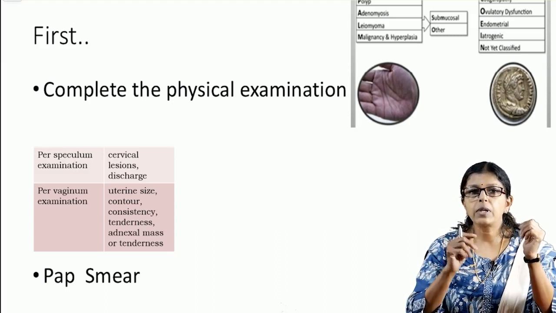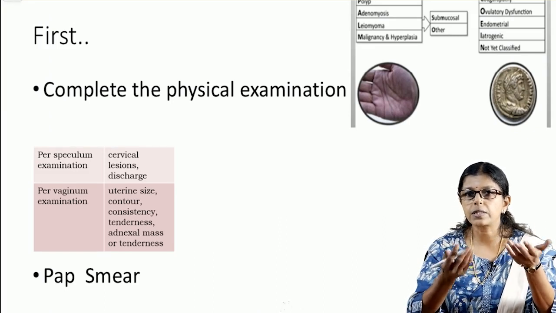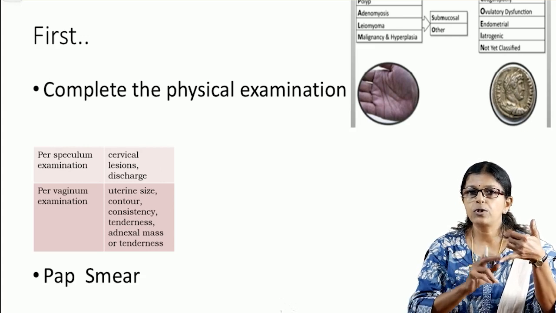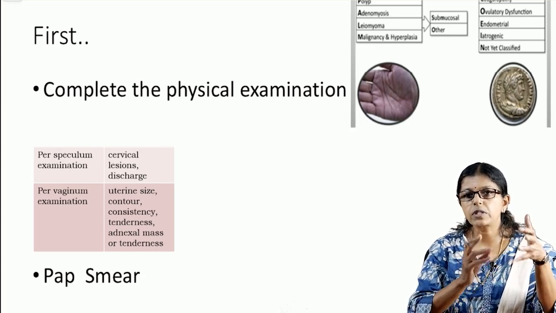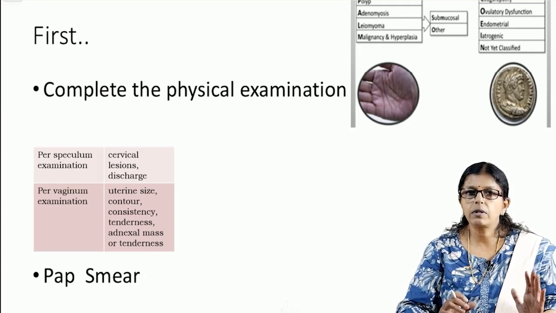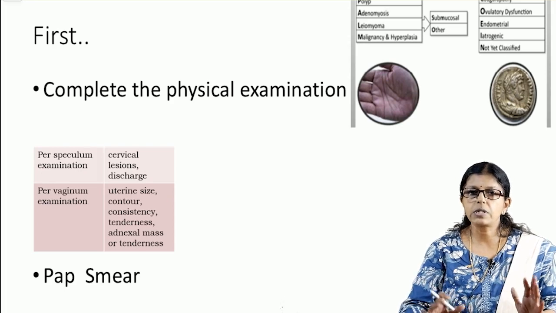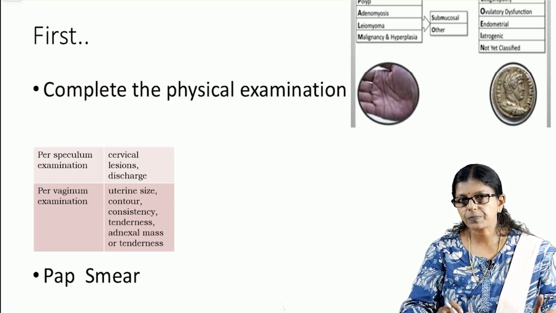Okay. Similarly, if there is pain on movement of the cervix, that will tell you that posteriorly there are some adhesions, there are some deposits, which could be endometriotic, it could be malignant, because of which the patient is experiencing pain. So you have to complete your physical examination of the uterus, the adnexa, and take a pap smear.